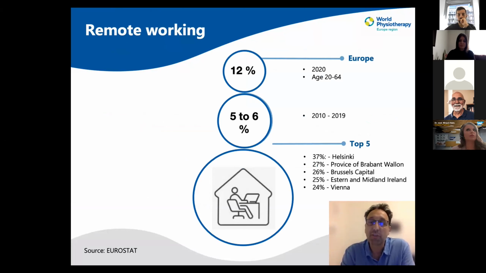This number increased to about 15% in 2022. In the 2020 top 5 European regions that shifted to remote working, we can see that the percentages went up from a quarter of the working people engaging in remote working to 37%.